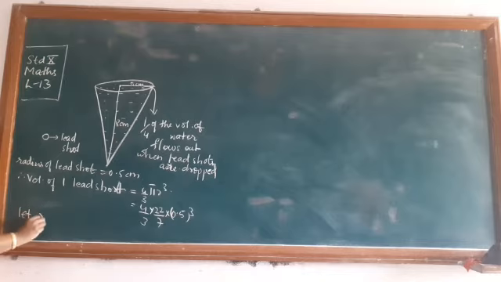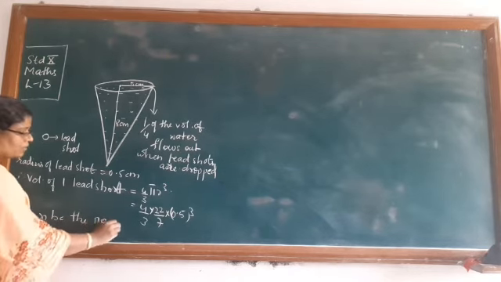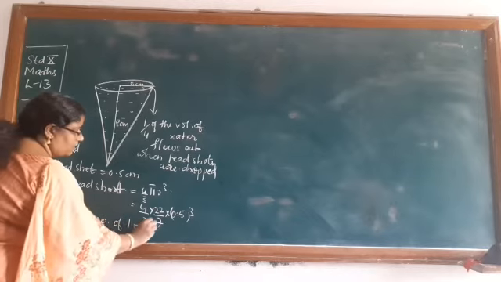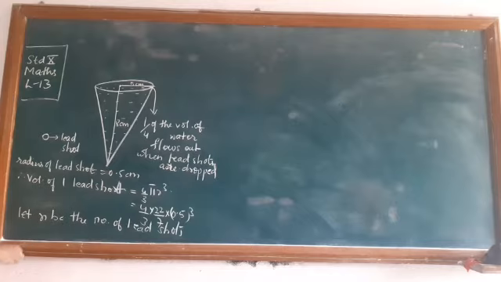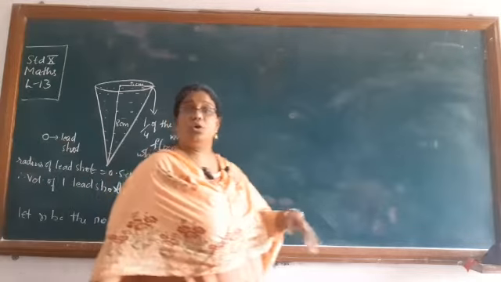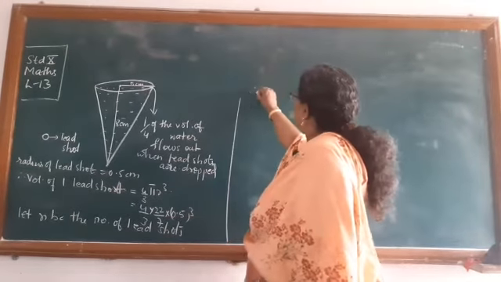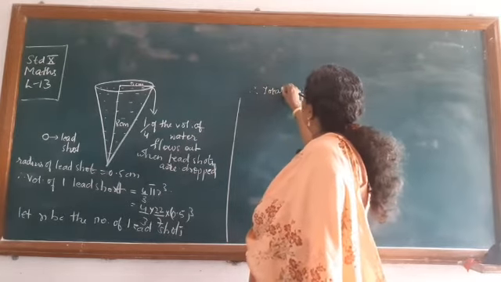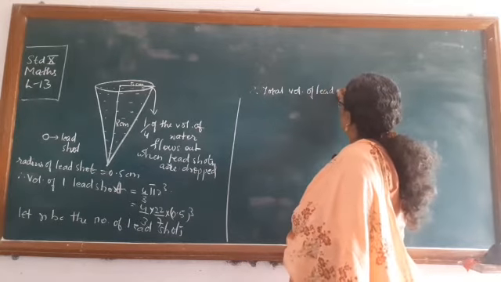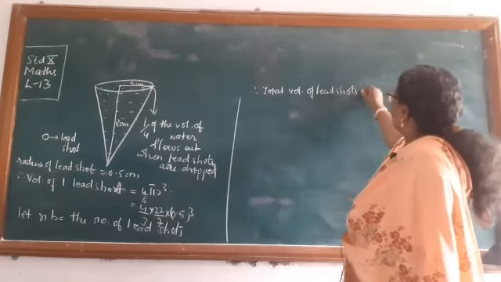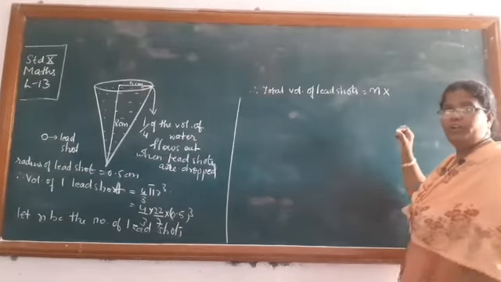Let n be the number of lead shots. ठीक है. So what will be the total volume of the lead shots in the water, so that we can find out. Therefore total volume of lead shots will be equal to, मतलब जितना lead shots है into the volume of one of the lead shot.